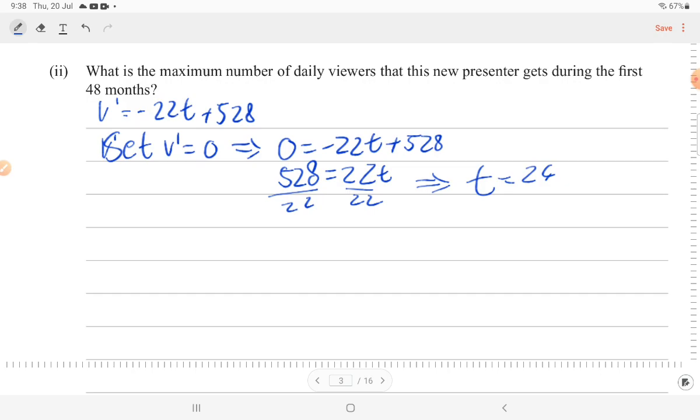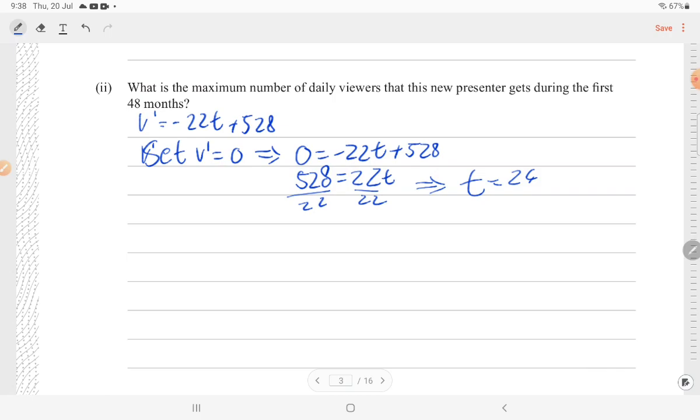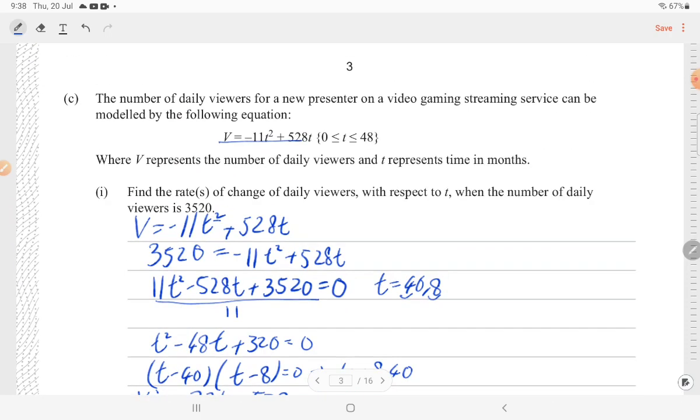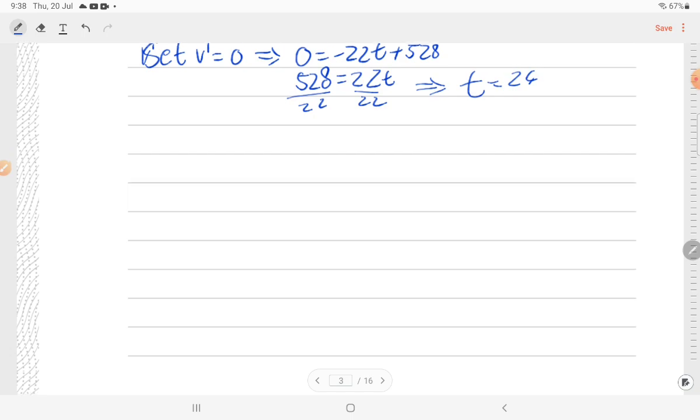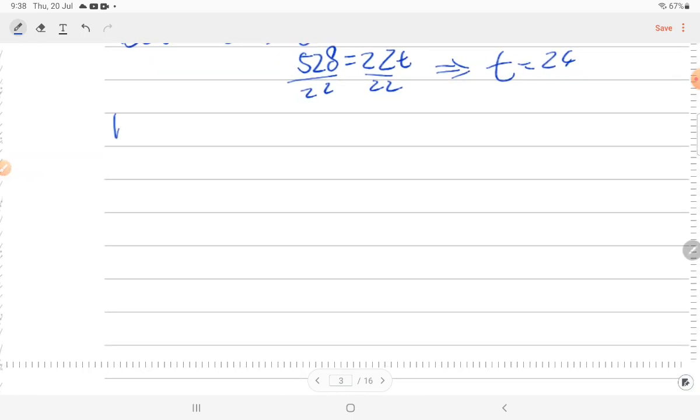But this is when it has the maximum number of daily viewers. We want to see what the maximum number of daily viewers is, so we need to plug t equals 24 into our original equation. So v of t is equal to negative 11t squared plus 528t.